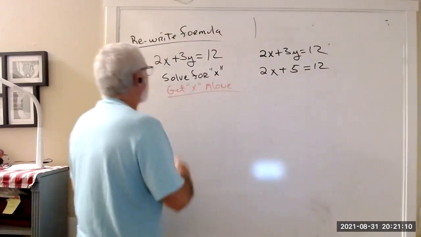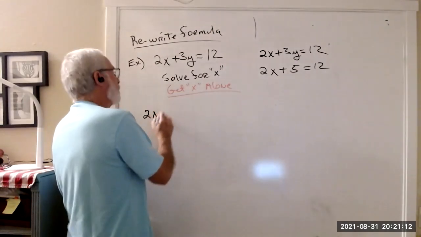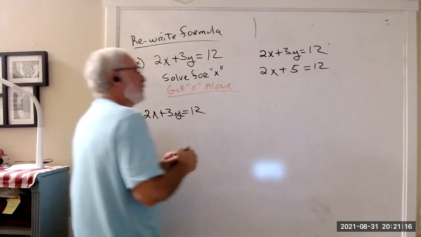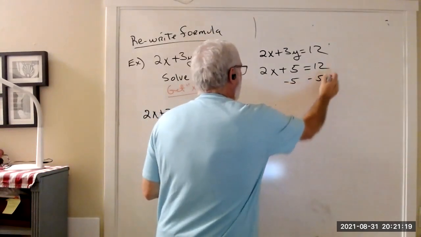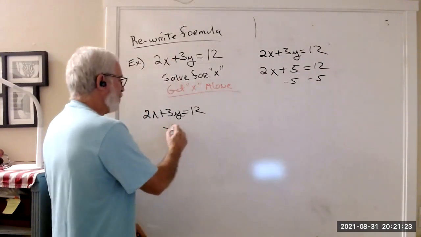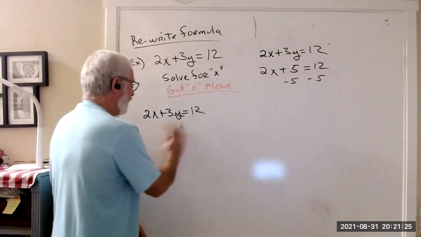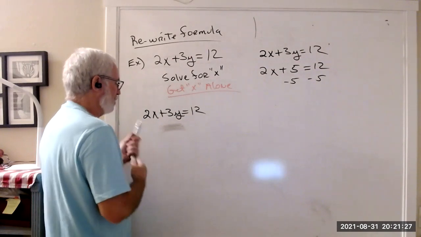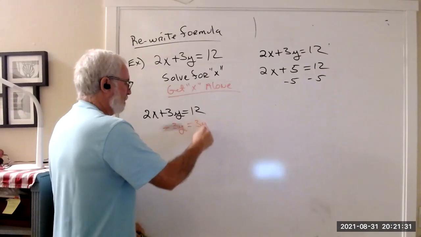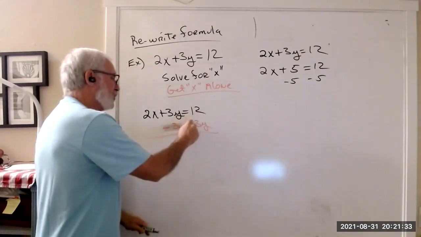Sure. So what we're going to do, instead of taking 5 away from both sides of my sample problem, I'm going to take 3y away from both sides of my actual problem. Now, this is where your algebra skills come in.